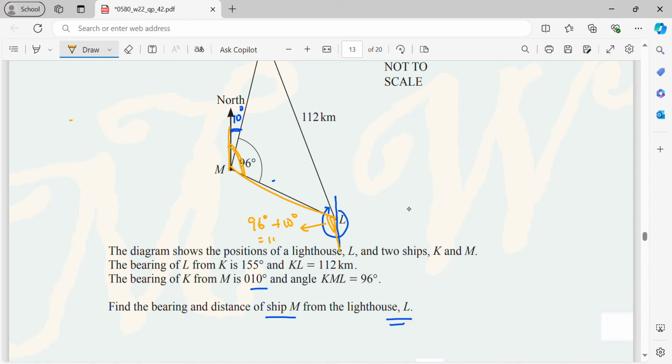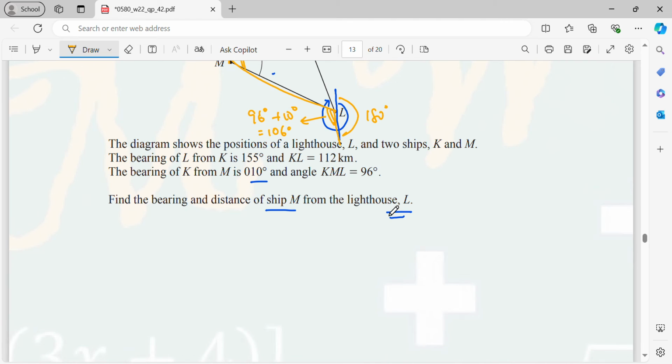That is 106. Then my bearing here is another 180 degrees. So that means the bearing is basically just add. So now bearing equals to 180 plus 96 plus 10. That is going to be 286.